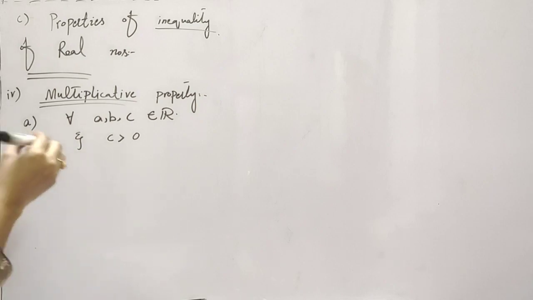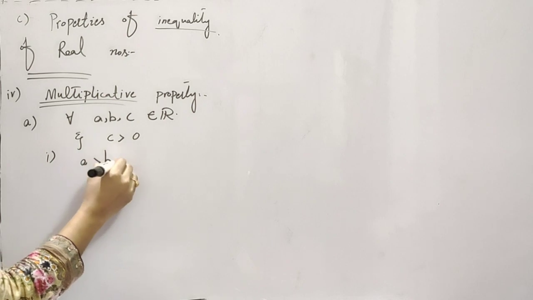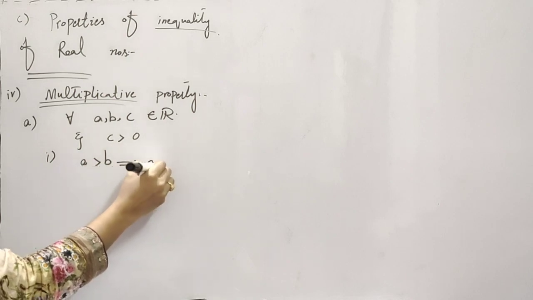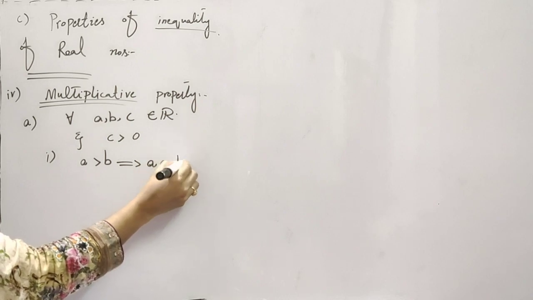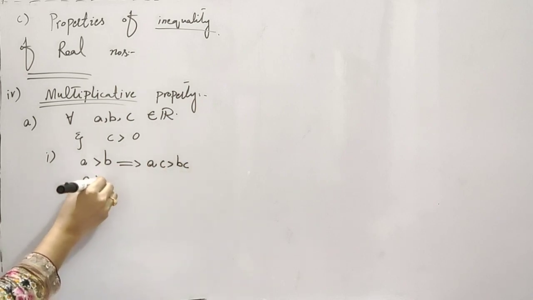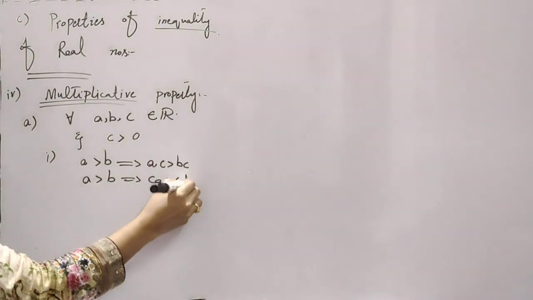The first part is A greater than B. It implies that AC is greater than BC, or it implies that CA is greater than CB.